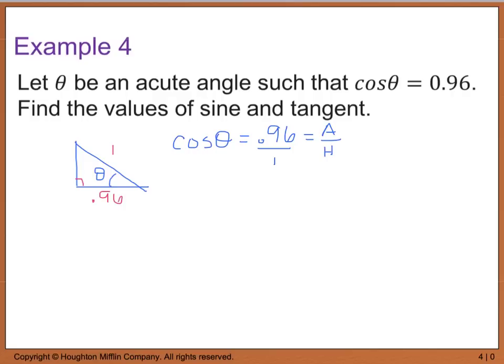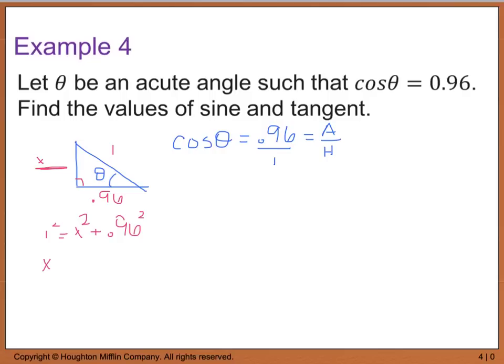And because this is a right triangle, I can use the Pythagorean theorem to come up with this side length here. I'm going to call that side length x. So we have 1 squared is equal to x squared plus 0.96 squared.